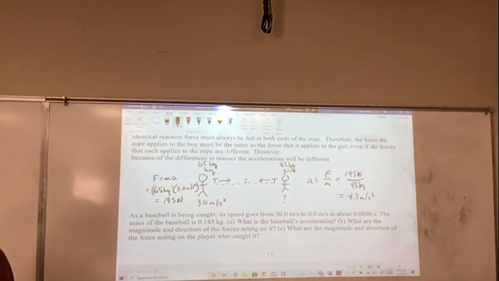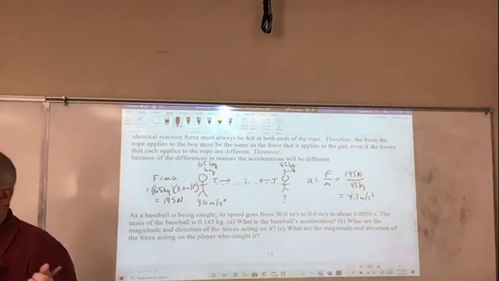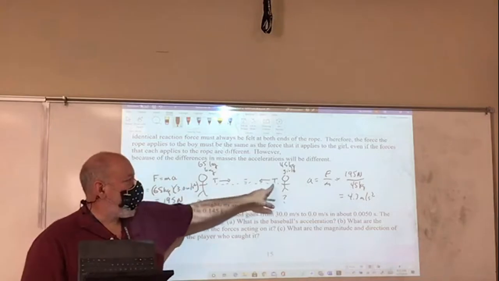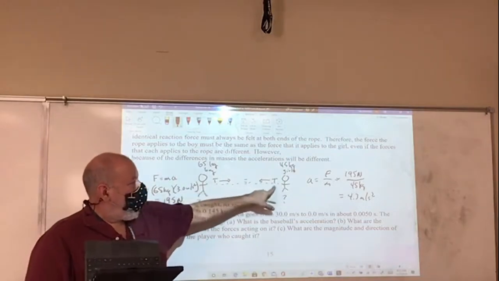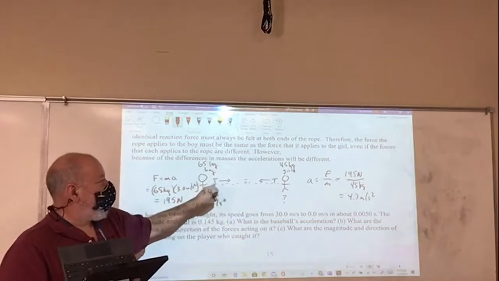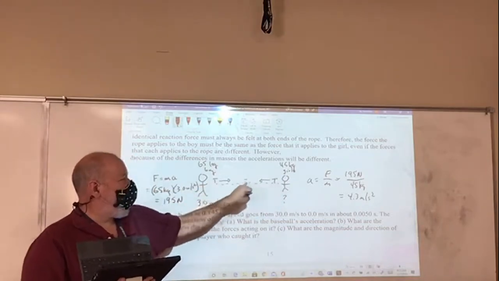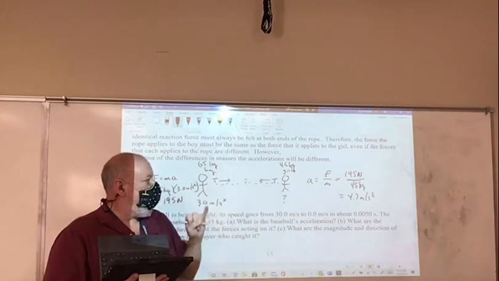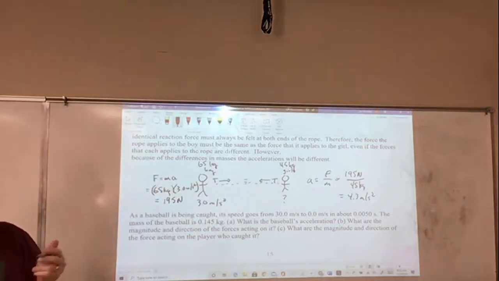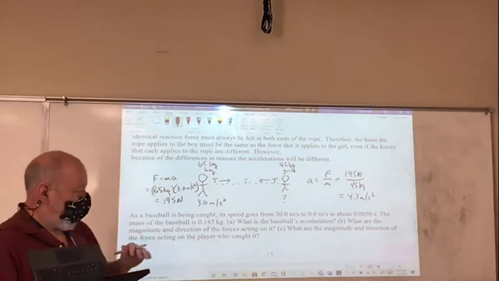It's just that that force is going to do a lot more damage to the one person than it is to the 10 people. Okay? So, forever now, as far as ropes are concerned, you know that the tension at both ends of the rope is going to be the same. And this will be important for us when we solve certain types of problems.